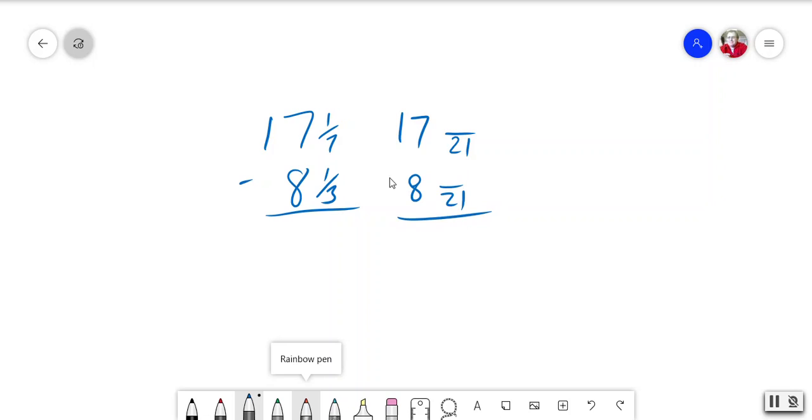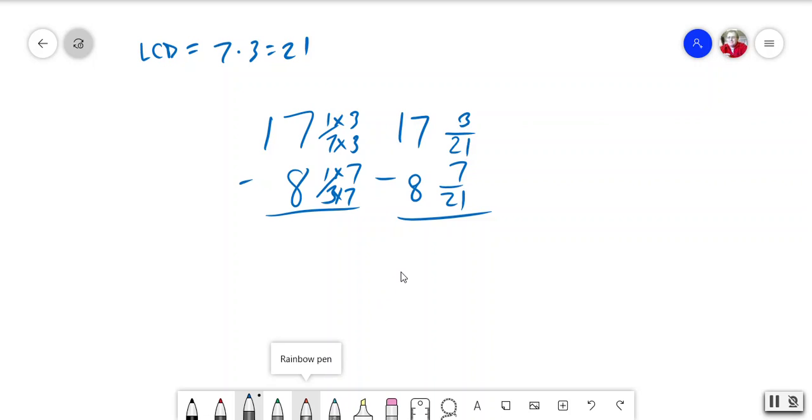Because nothing goes into 7 and 3 except for 1, so you have to get the LCD by multiplying. So the LCD equals 7 times 3 equals 21. 7 times 3 and 1 times 3, because remember, whatever you multiply the denominator by, you multiply the numerator by. Same thing here.